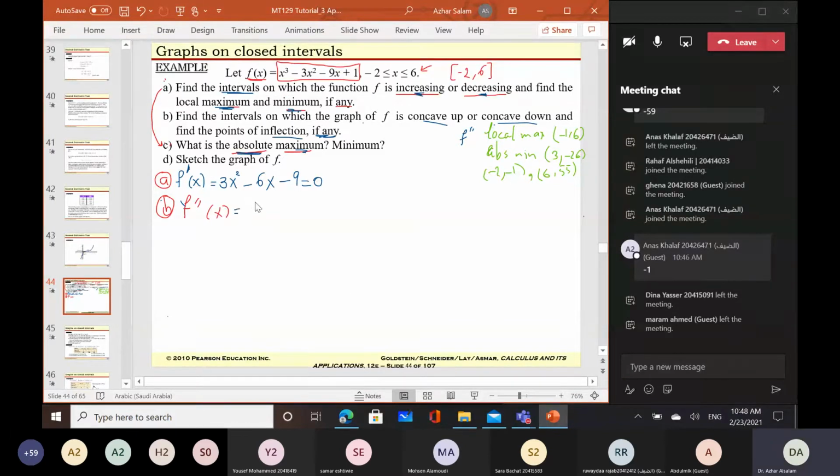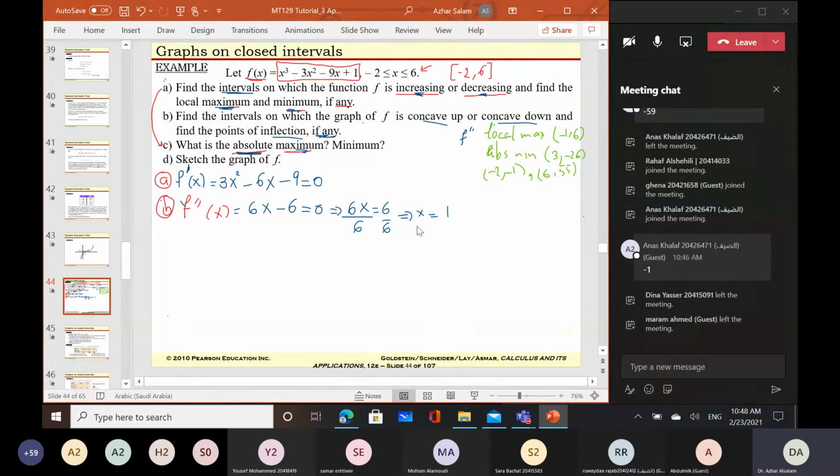It will be 6x minus 6. I will find its zeros to find the possible inflection points. So it will be 6x equal to 6, dividing by 6 both sides, x equals 1.